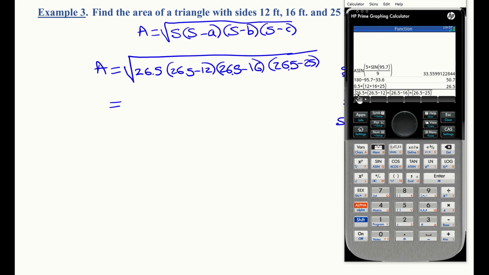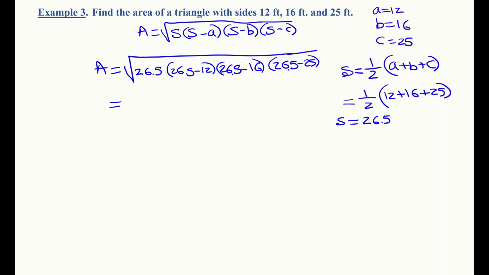All right, so we quickly check to make sure we didn't make an error. 26.5 times 26.5 minus 12 times 26.5 minus 16 times 26.5 minus 25. All right, so we can go ahead and hit enter, and there we have the area of this triangle.